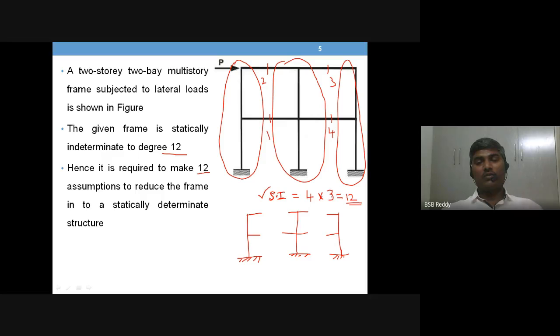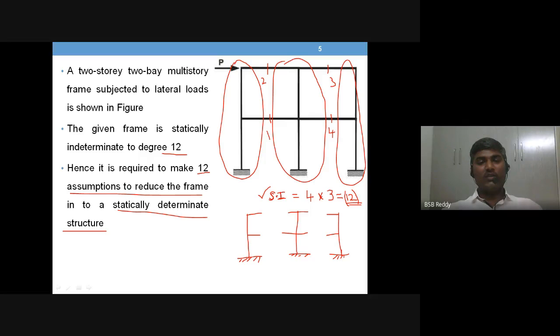This is the indeterminacy that we are talking about. So 12 excess reactions are present in the structure other than the three equations. So you need 12 assumptions to reduce the frame into a statically determinate structure. The number of additional equations required is equal to the indeterminacy.